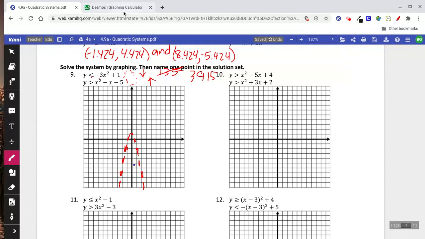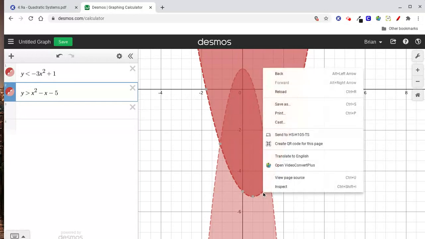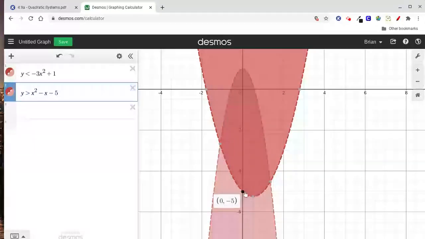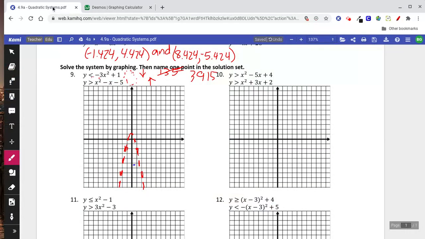And then what you can do is look for points. There's one, (0, -5), and (1, -5), so that helps.